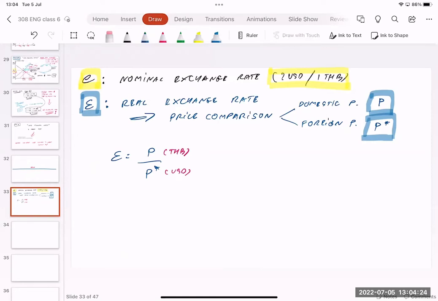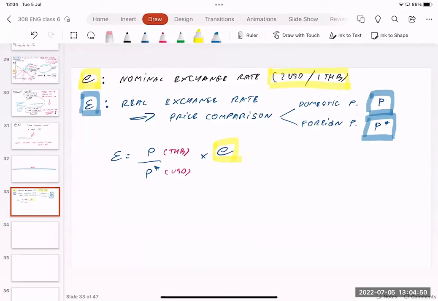In order to do that, you need to multiply the domestic price in Thai baht by the nominal exchange rate first. If you multiply it by the nominal exchange rate, you can change the unit from Thai baht to US dollar. The price in our country is shown in Thai baht, and the nominal exchange rate shows that 1 baht equals how many US dollars.